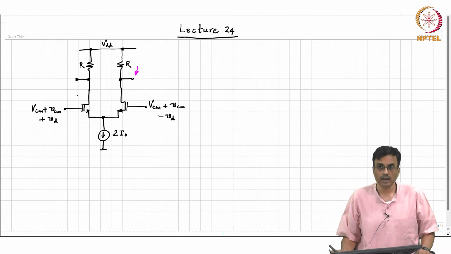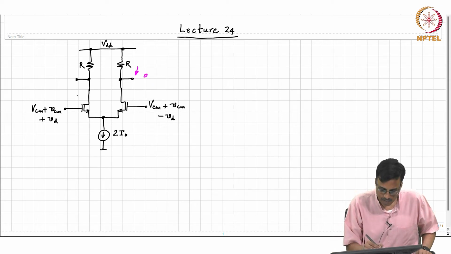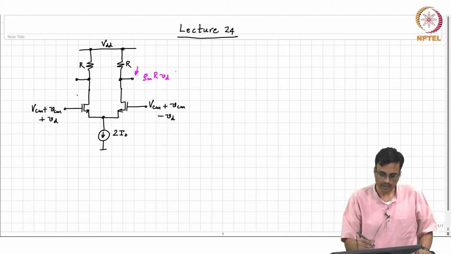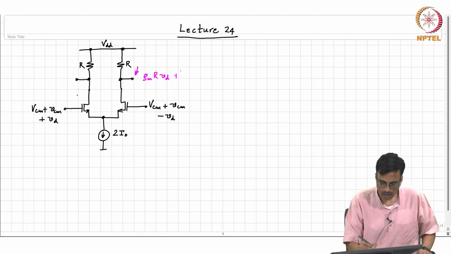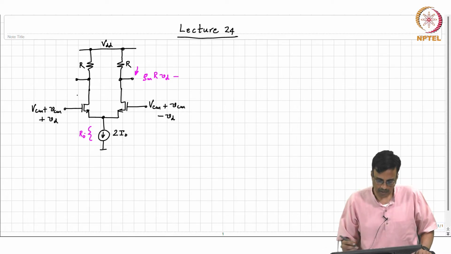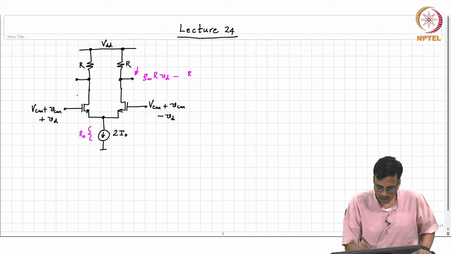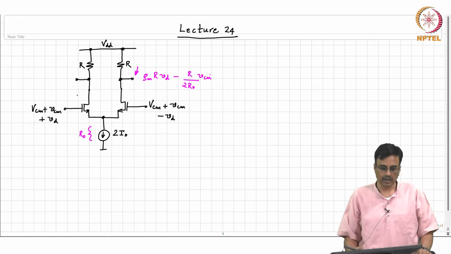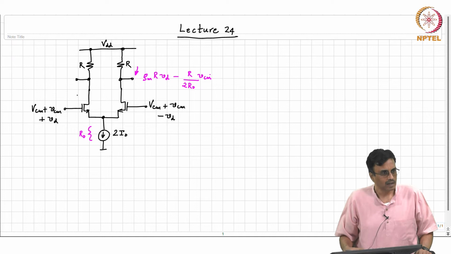It is plus or minus Gm times R times Vd plus something. If the incremental output resistance of this current source is denoted by RO, then this is going to be R by 2RO times small VCM.